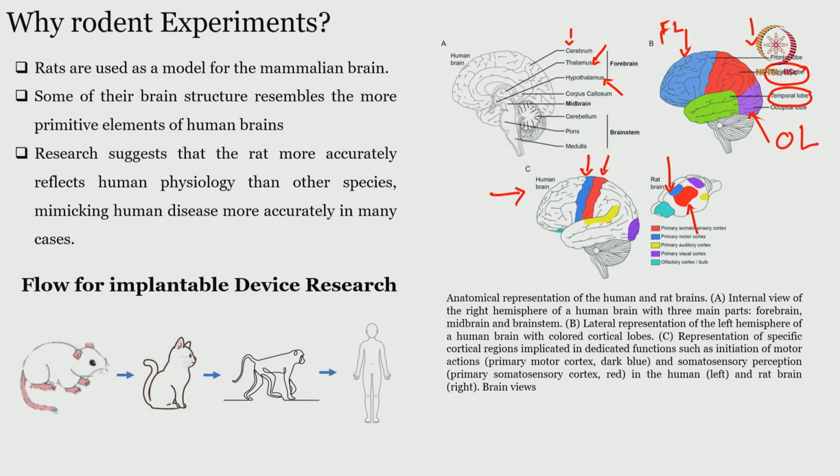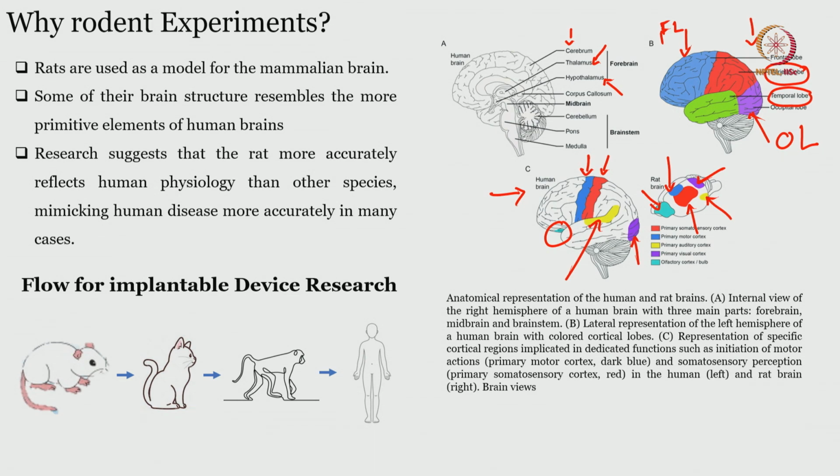Then we also have the visual cortex, which is the occipital region here, and the same way here, and then we have the olfactory cortex, you see here. So, primary motor cortex, primary auditory cortex, the yellow one is the auditory cortex, and here also there is an auditory cortex.